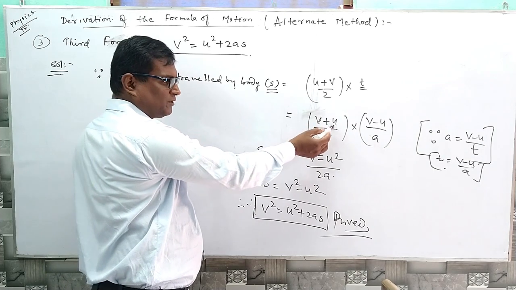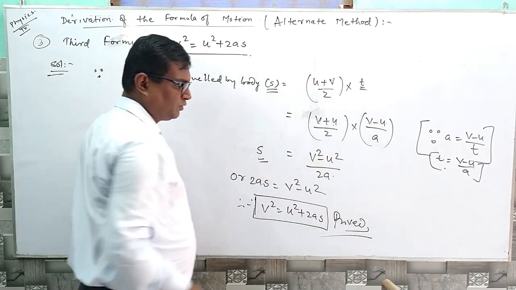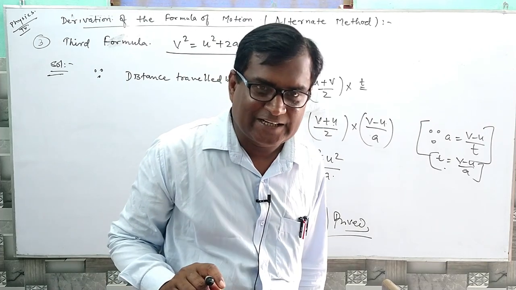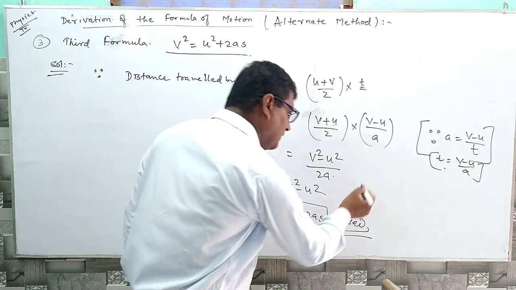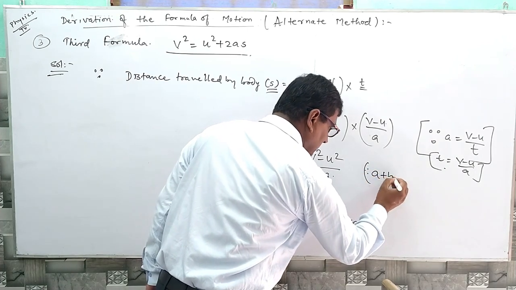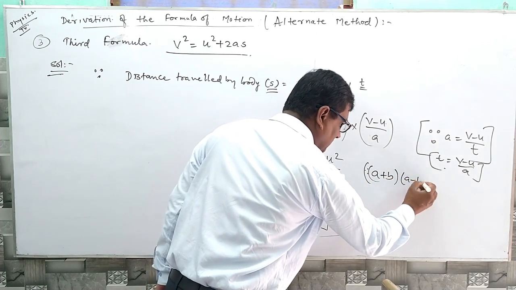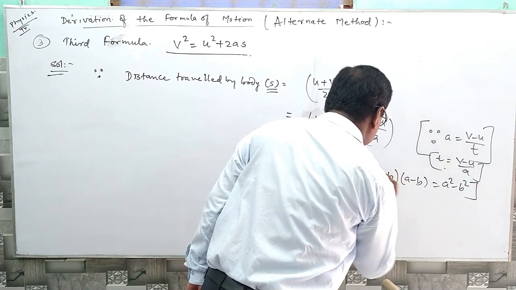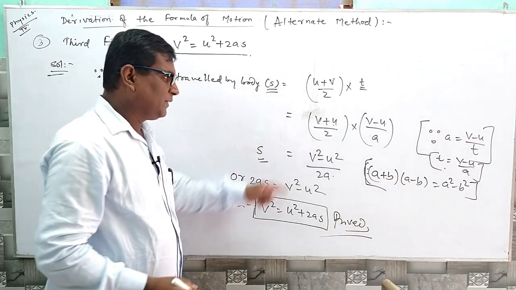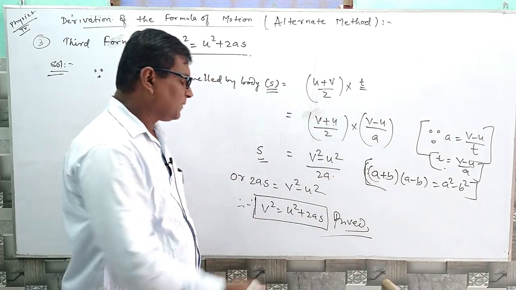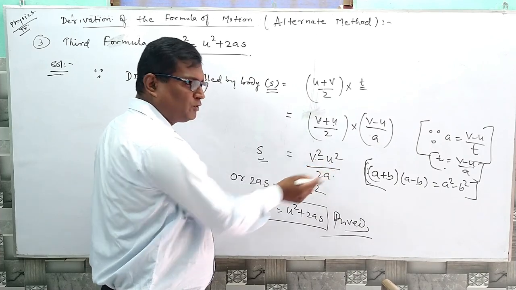to v plus u into v minus u. You know that a plus b into a minus b equal to a squared minus b squared. So we can write v plus u into v minus u equal to v squared minus u squared.